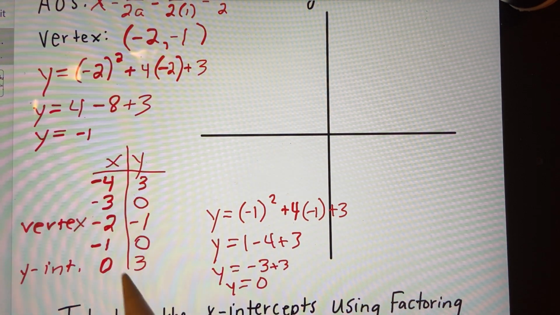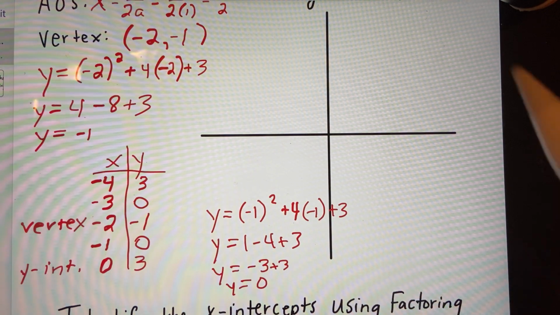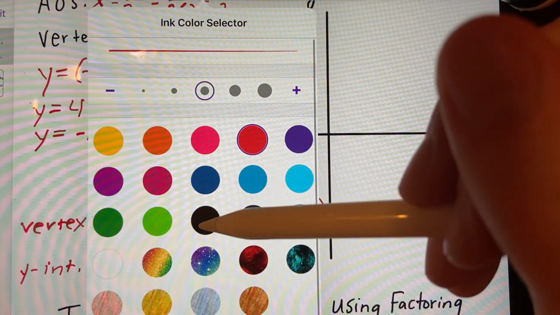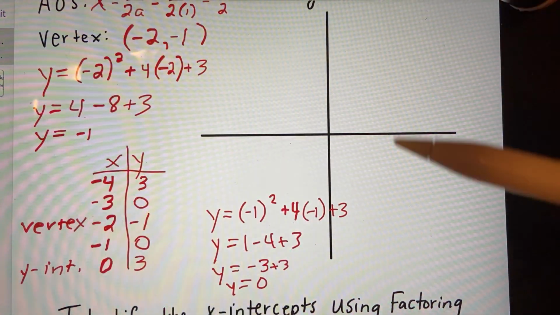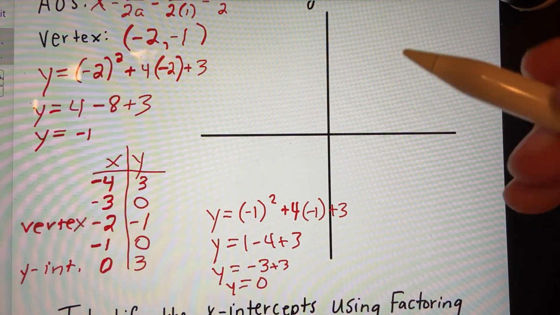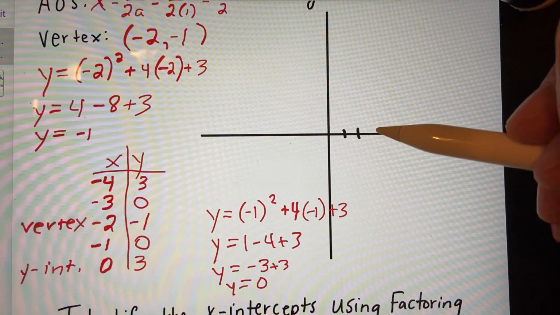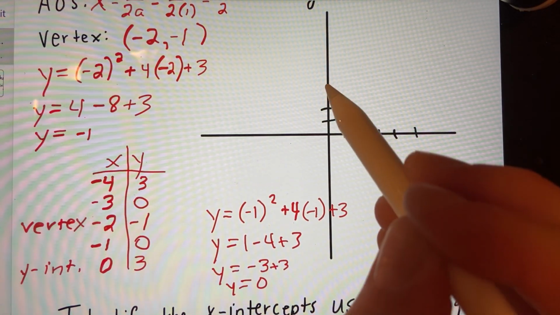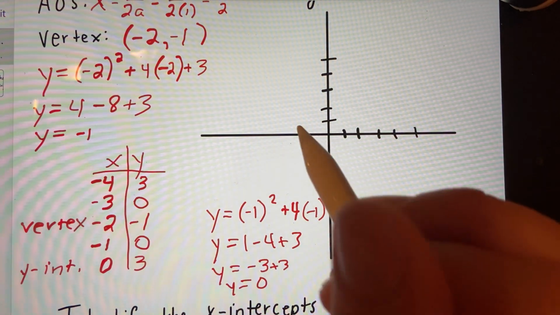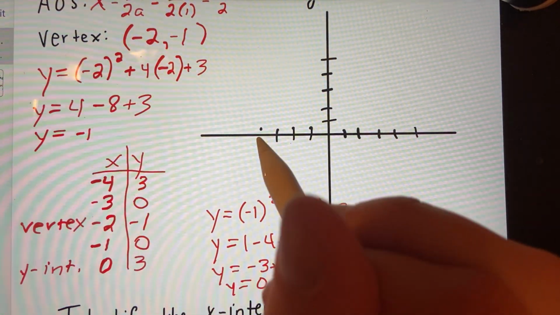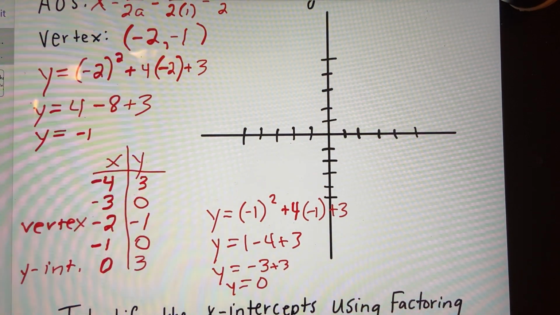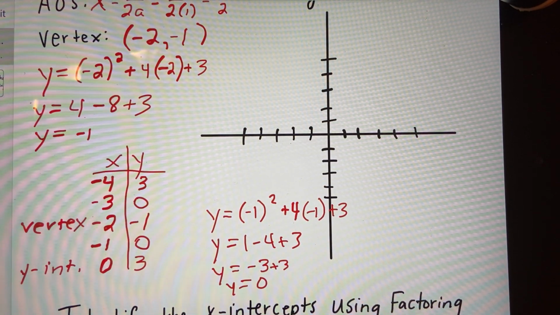Now, what I'm going to do with this chart is plot these points over here. I should have set this up a little bit better. Let me put some hatch marks on here. It's going to be a 5 by 5 graph. 1, 2, 3, 4, 5. Now I can plot the points.